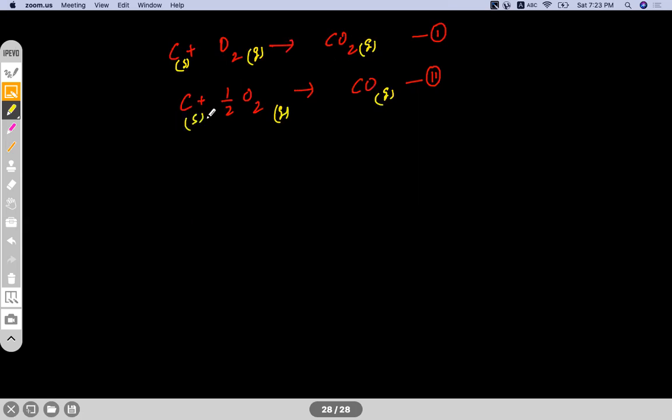So see what happens in the first reaction. The volume of CO2 obtained is the same as the volume of O2 used in the reaction.